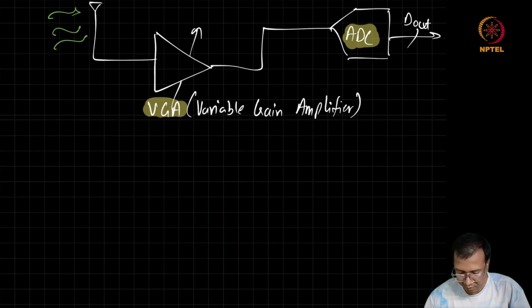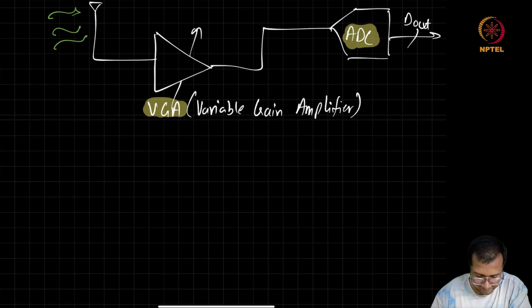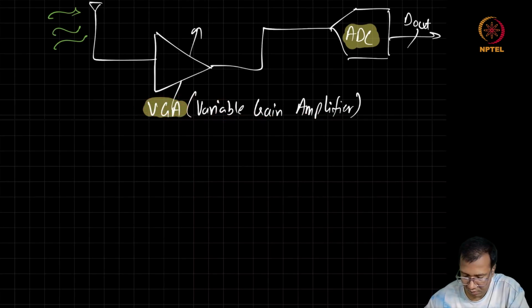So I hope this point is clear to all of you. And the moment we talk about a variable gain amplifier being added in front of the ADC, we have to be careful about a lot of issues.